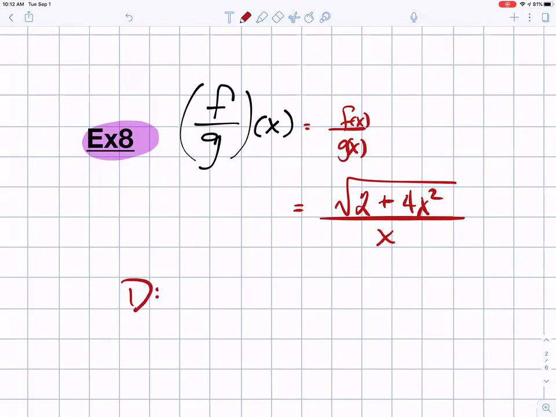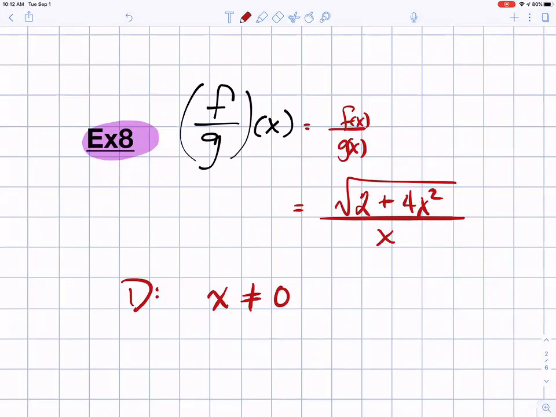Oh, what's my rule say? The bottom cannot equal 0. So let's write that down. The bottom is x. It cannot equal 0. Now, there's no simplifying to do with that. That's already simplified.